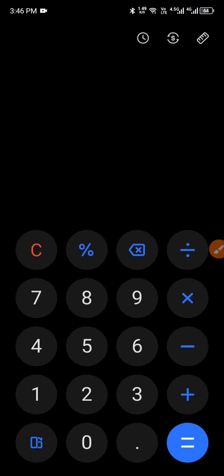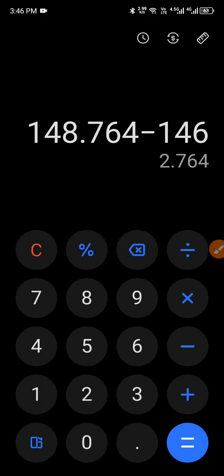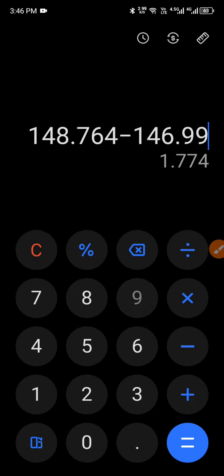Take profit is 148.764, minus my entry price, which is 146.996.